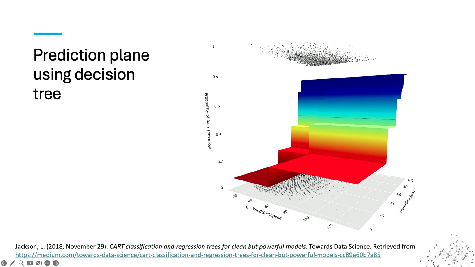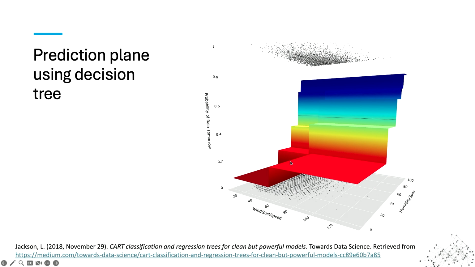As wind speed increases and humidity is low, there is like a 30% or 40% chance of rain. But at any wind speed, if humidity is high, then there is a high probability of rain tomorrow.